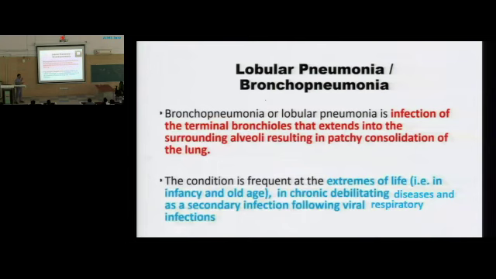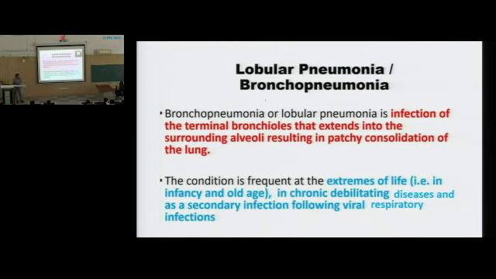So moving on to the second part, that is bronchopneumonia or lobular pneumonia. It is not like lobar pneumonia. Lobar pneumonia has 4 stages, but lobular or bronchopneumonia has only 1 stage. Bronchopneumonia or lobular pneumonia is an infection of the terminal bronchioles that extends into the surrounding alveoli, resulting in patchy consolidation of the lung.